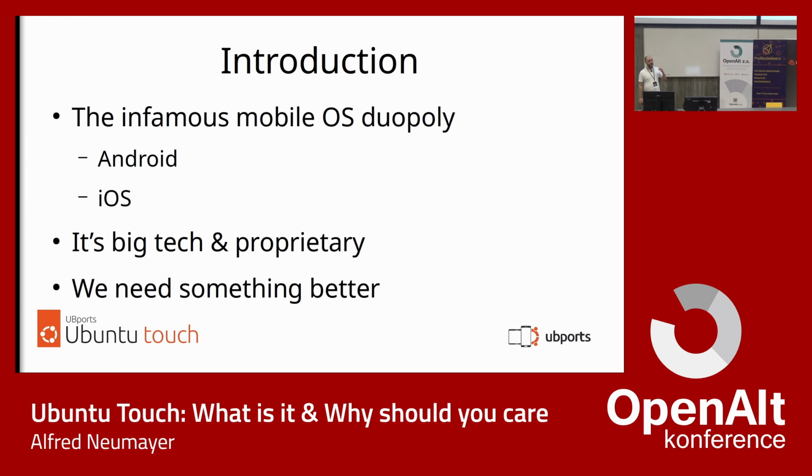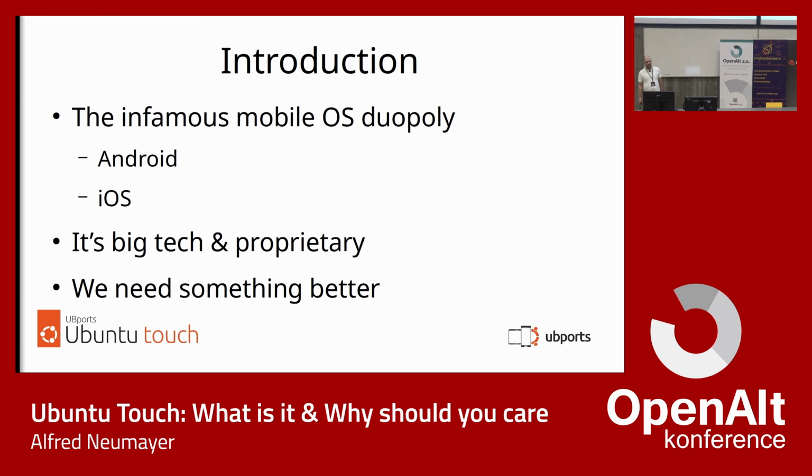Let's get to the why should you care part first. The infamous mobile OS duopoly that we are all, I would assume that everyone here is very unhappy about Android and iOS being there, to the point where they are.